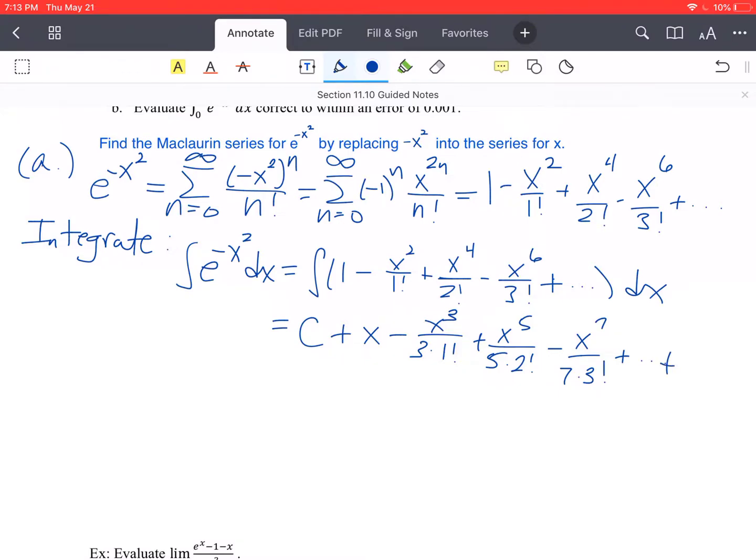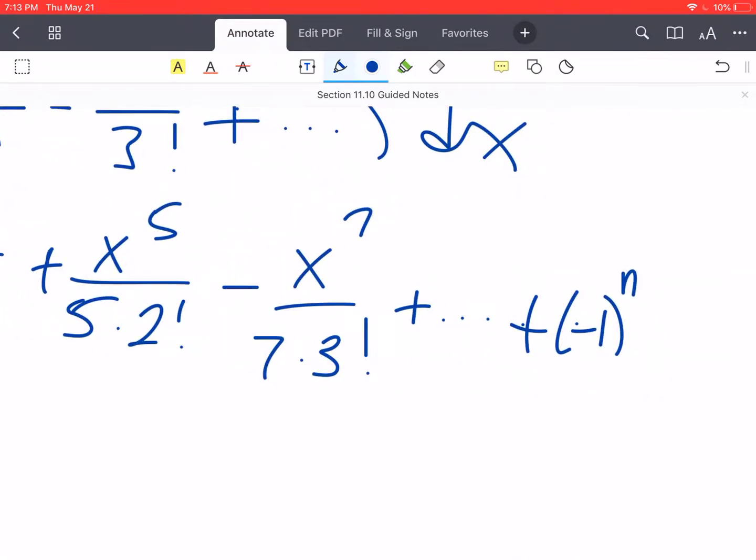And then plus, let me go ahead and add that arbitrary constant in there. So the general form of the series would look like negative 1 to the n times x to the 2n plus 1, right?